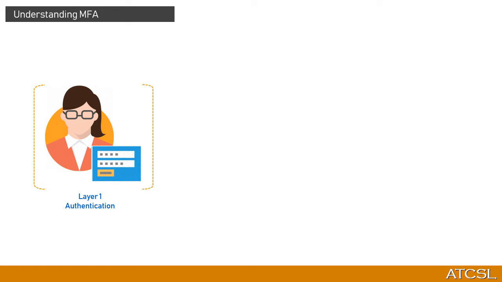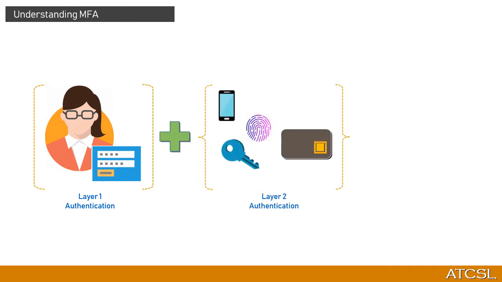Once the layer 1 authentication has passed, the user is challenged with additional security, and that is layer 2 authentication. This has 2 parts, which are something that you possess and something that you are. So a mobile app that can receive a notification, receive messages, phone calls, or even a token generating app falls under the category of something you possess.